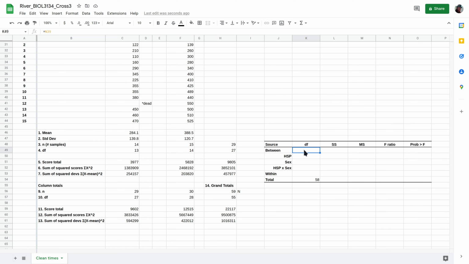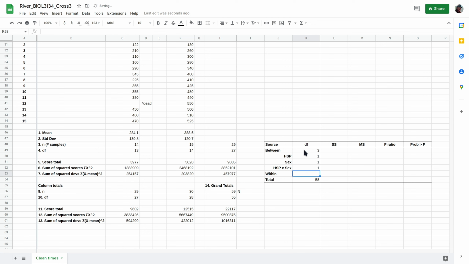Now the degrees of freedom between is the number of groups, minus 1. We have 4 groups, minus 1, that's 3. We'll just punch that right in. The degrees of freedom for HSP, we have 2 rows, minus 1, so we have 1 degree of freedom for that. We also have 1 degree of freedom for sex and 1 degree of freedom for interaction because there are 2 factors.